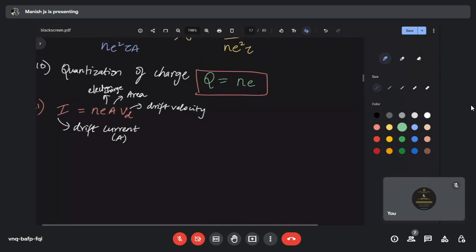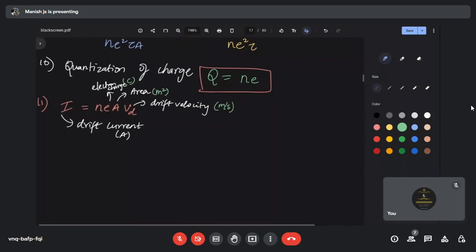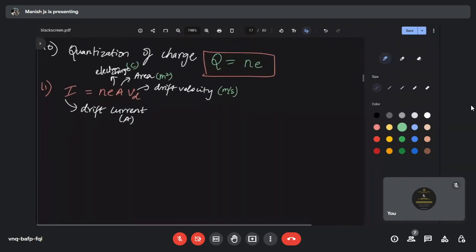Appropriately, the drift velocity unit would be meters per second, area would be meter square, and charge would be in coulombs.